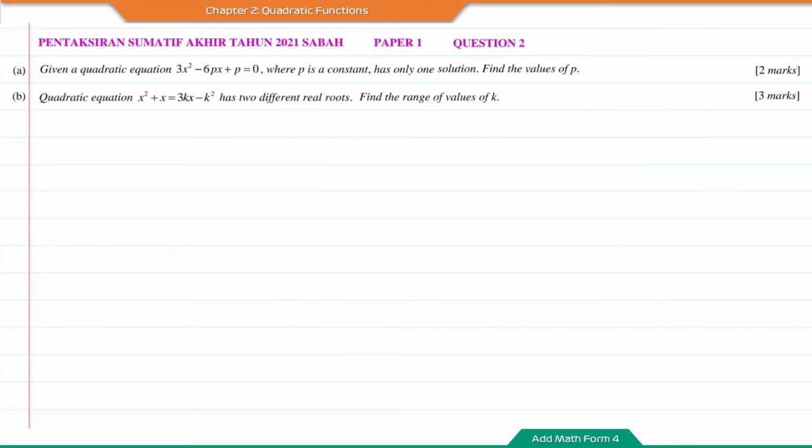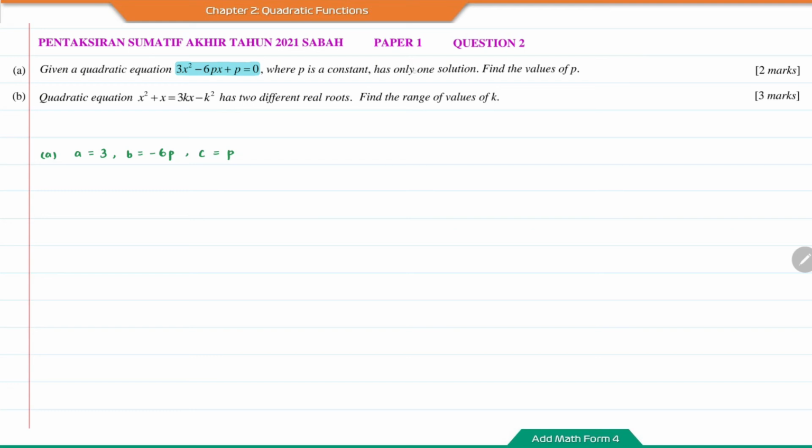Sabah 2021, paper 1, question number 2. A: Given a quadratic equation 3x squared minus 6px plus p equal to 0, where p is a constant, has only one solution. Find the value of p. From the quadratic equation given here, which is already written in general form, a is equal to 3, b is equal to negative 6p, and c is equal to p.